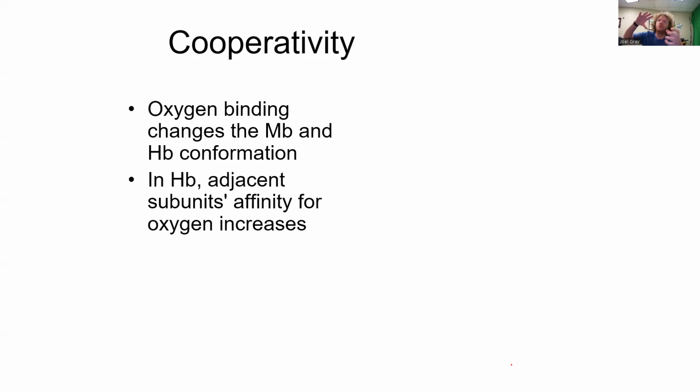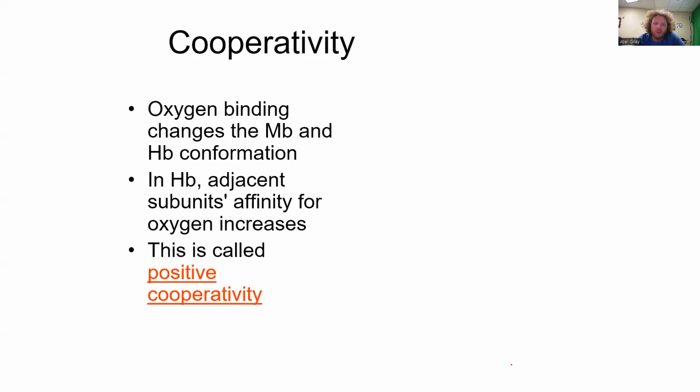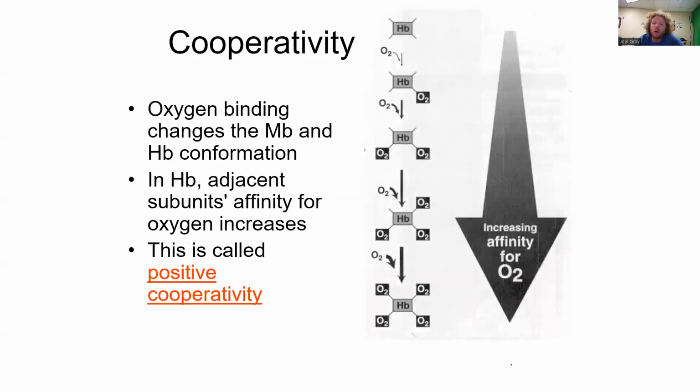Whenever one of those hemoglobin subunits binds to O2, that subunit changes shape, which causes adjacent subunits to change shape, which impacts their affinity for oxygen. It increases their affinity for oxygen.